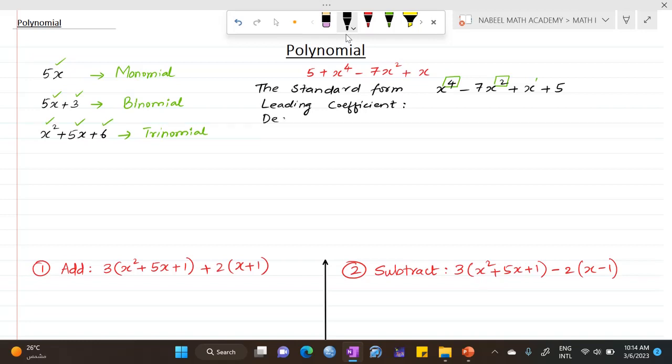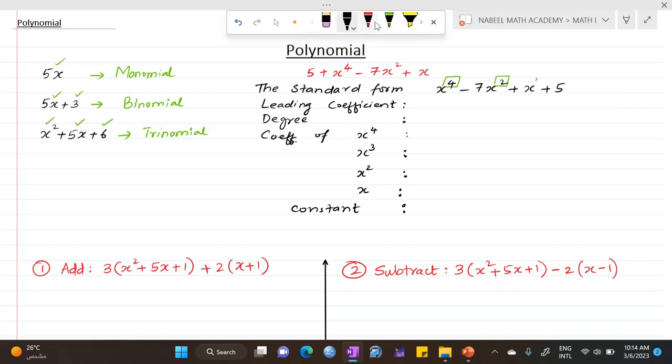I want to calculate the degree of the polynomial, and the coefficient of x power 4, x power 3, x power 2, x and constant. So how will you calculate this one?